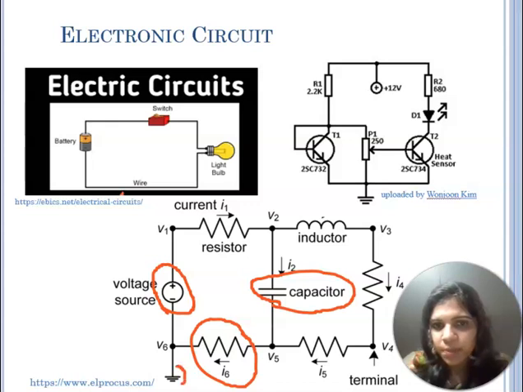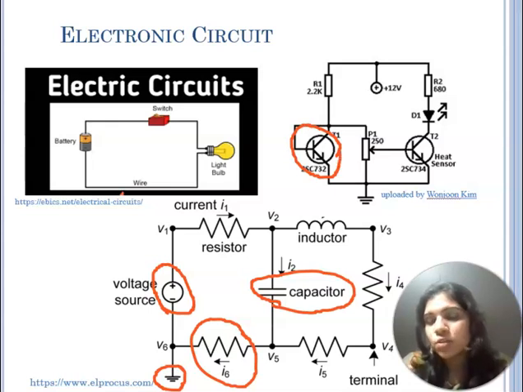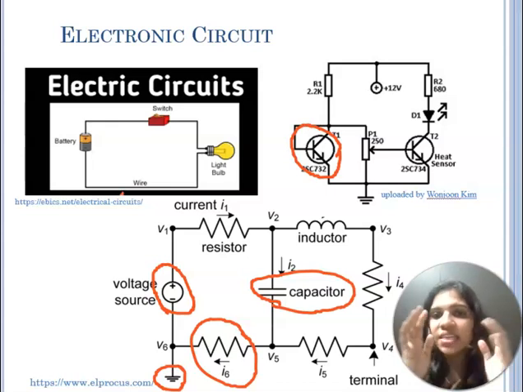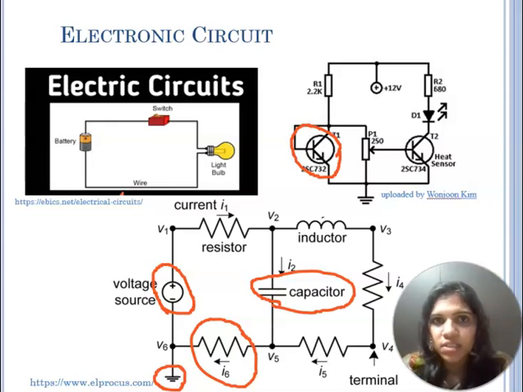And what is this part? This is your ground. Now coming to this circuit, what is this particular symbol? This particular symbol is of a transistor. Don't worry, we will see in detail what these symbols are. I just wanted to show you that in an electric circuit or an electronic circuit you can see various kinds of components.